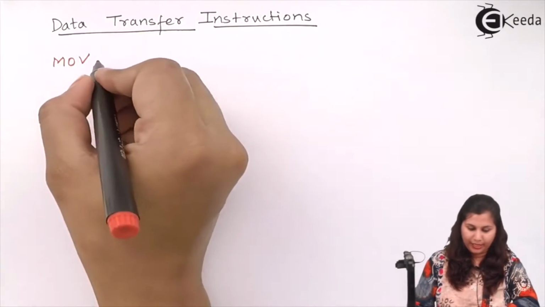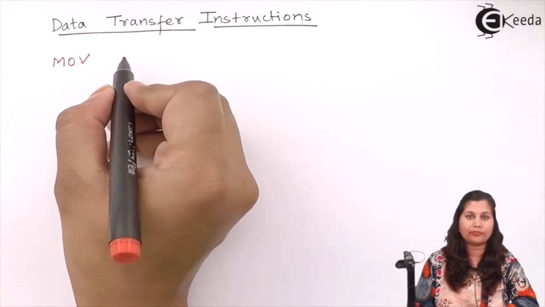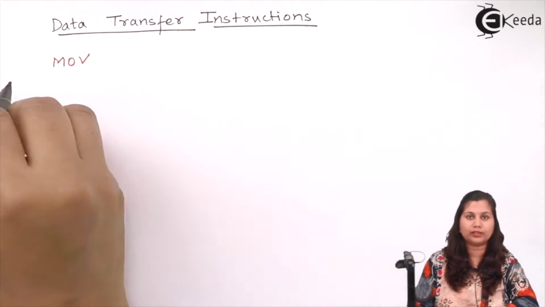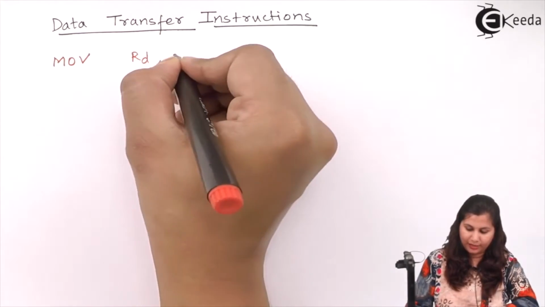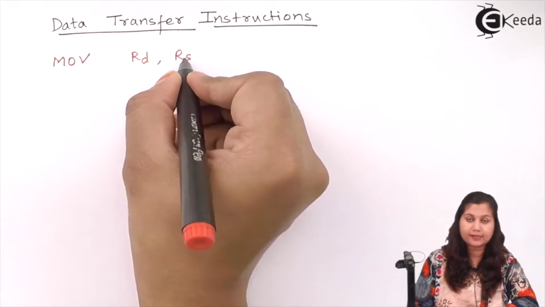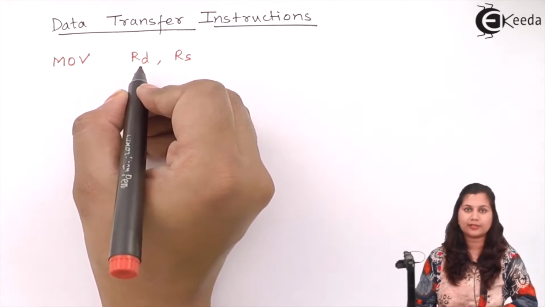First instruction under this category is MOV. This instruction copies the contents from the source to the destination. So here we have RD and RS. RS is the source register and RD is the destination register.